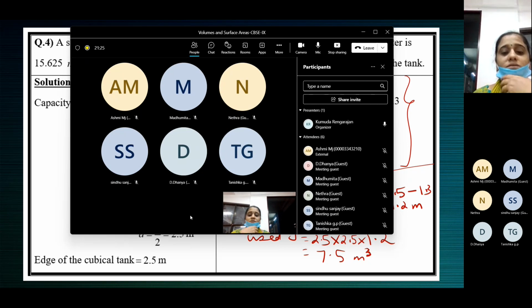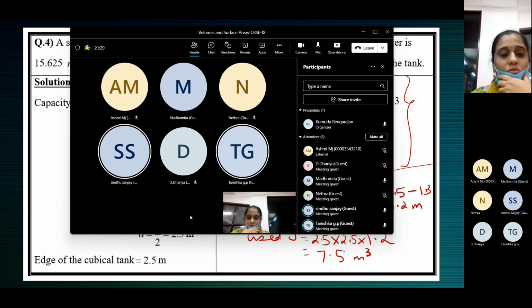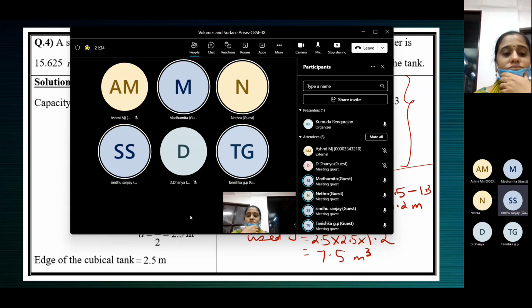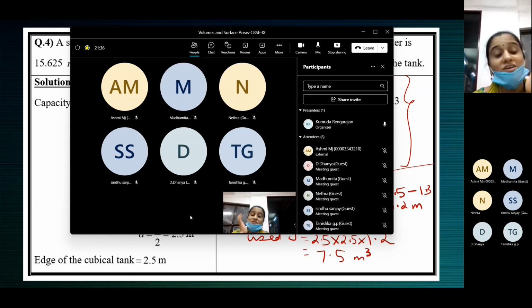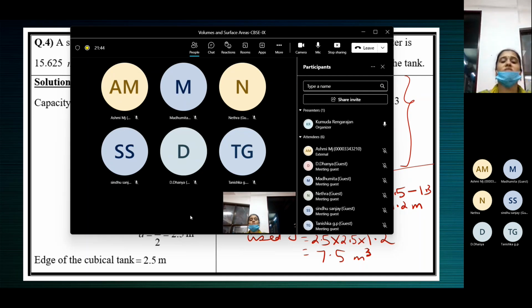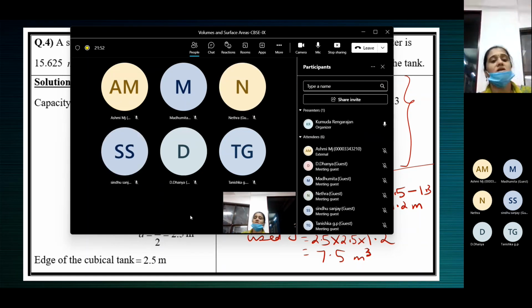What's the breadth of the tank? 2.5 meters. What is the height of the tank? 2.5 meters. Now, what is the length of the water?